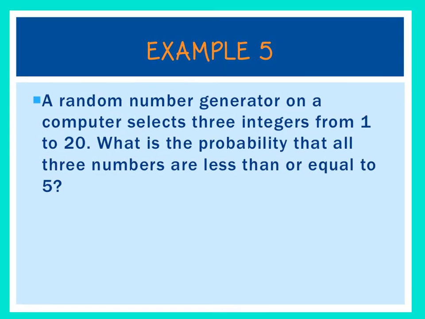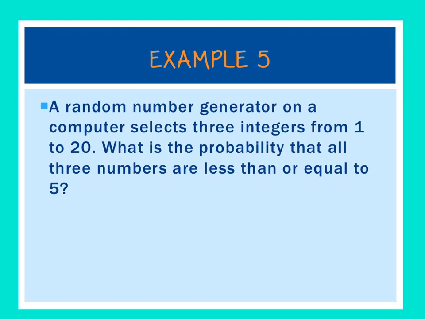Okay, a random number generated on a computer selects 3 integers from 1 to 20. What's the probability that all 3 numbers are less than or equal to 5? So I've got 1, 2, 3, 4, 5, 6, 7, all the way up to 20. Randomly generated, is that independent or dependent?